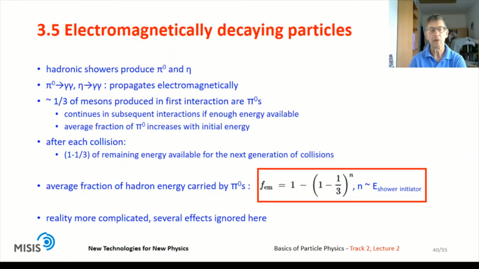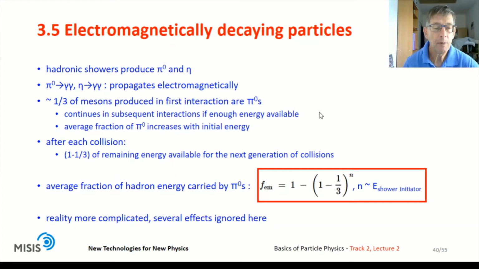Then in the second interaction, again, there will be the same fraction of pi zeros, and so we get a power law. At every collision, 1 minus 1/3 of the remaining energy is available, so as a function of the energy of the incoming hadron, the fraction would be 1 minus 1/3 to the power n, where n is proportional to the energy of the particle coming into the shower.